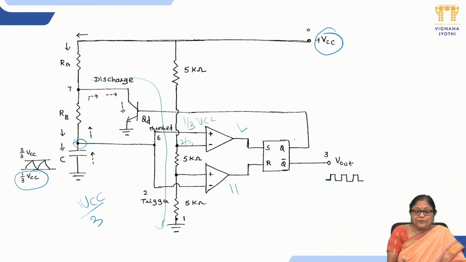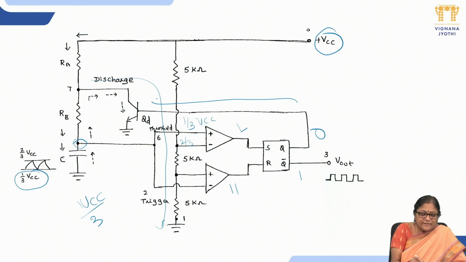Q will be 0 and Q bar will be 1, and the output of the internal transistor is connected to Q bar. So basically here Q is 0, Q bar is 1, it is connected to the base of this transistor, and the transistor is in off mode.